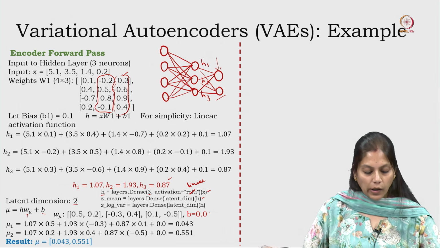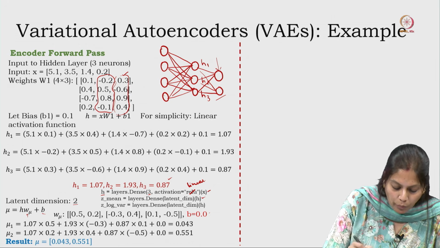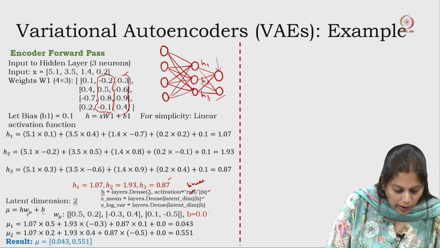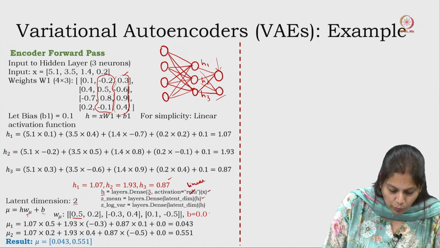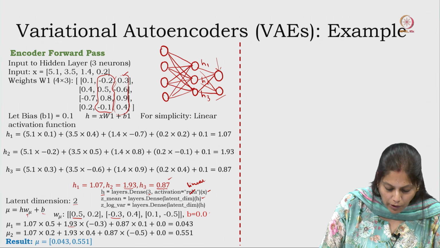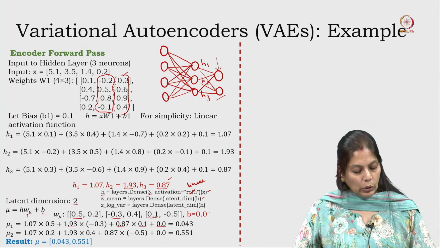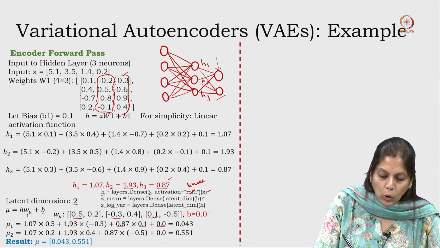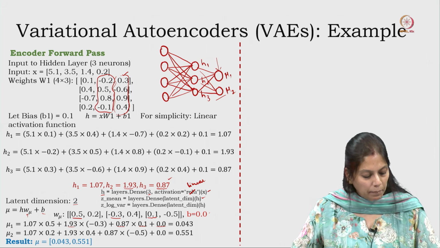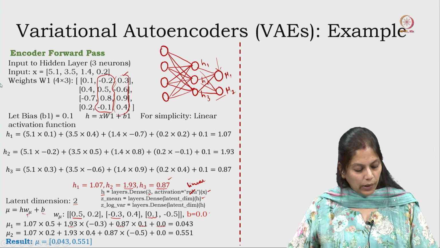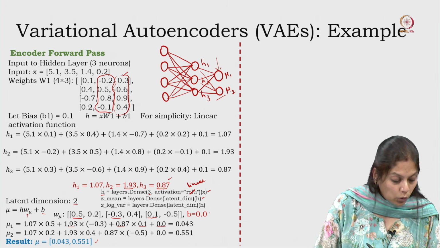So, H1 is getting multiplied with its weight, that is 0.5, and then H2, that is 1.93, getting multiplied with its weight, and then H3, 0.87, getting multiplied with its weight, plus bias term. Since there are 2, you will have mu1, mu2. So, mean 1 and mean 2 is what we have calculated. These are the values that we have obtained.